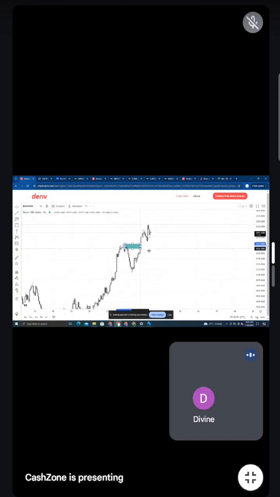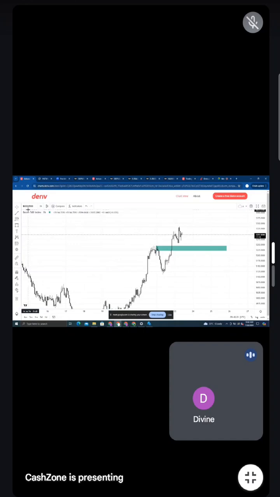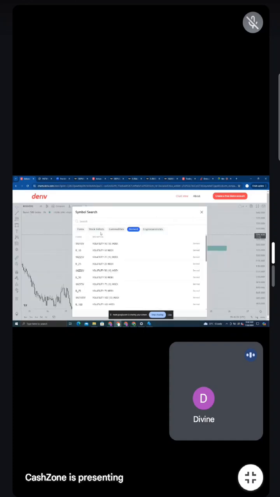This zone here. Price came back. It didn't tap, broke structure again. Coming back is to tap this and go up. I don't trade boom.